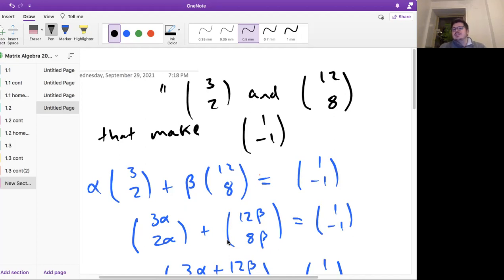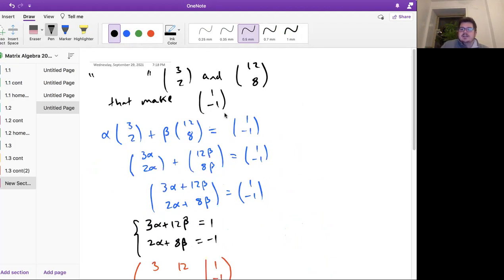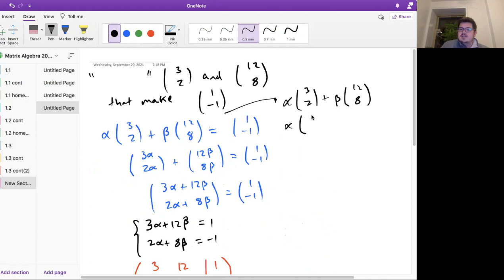So essentially, you can think of them as kind of like the same vector. They're just scaled a bit. And so in one sense, when you wrote out this line here, alpha 3, 2 plus beta 12, 8, well, like you just said, 12, 8 is just what? 4 times the vector 3, 2.